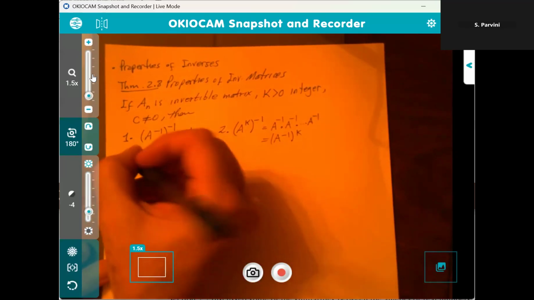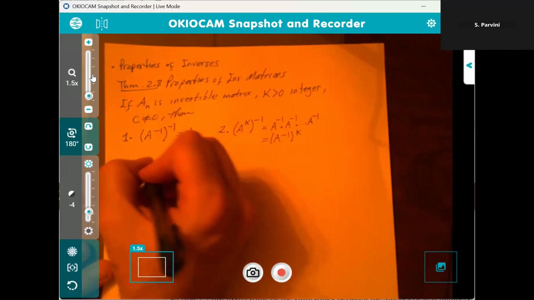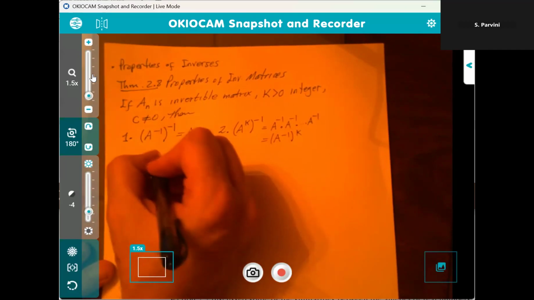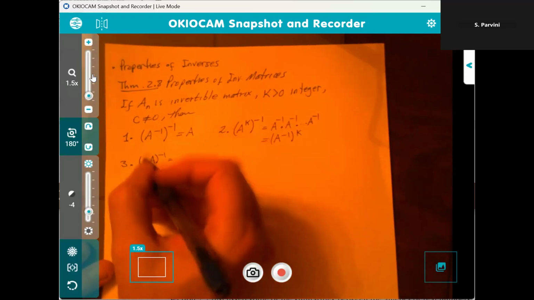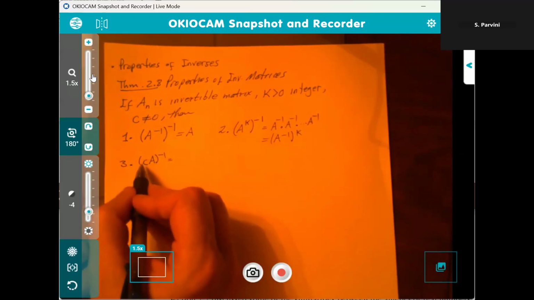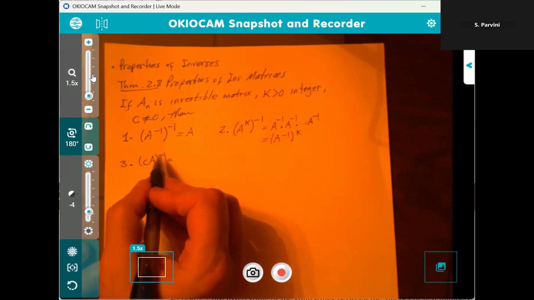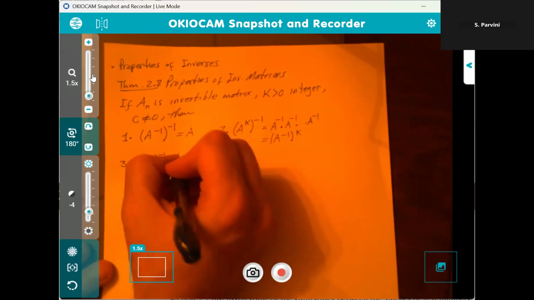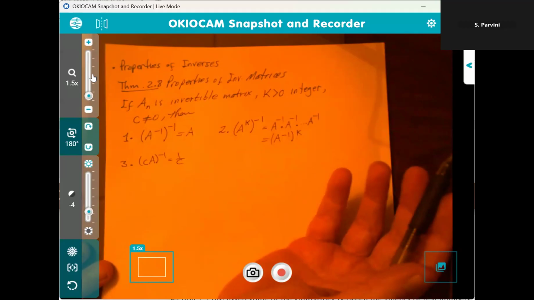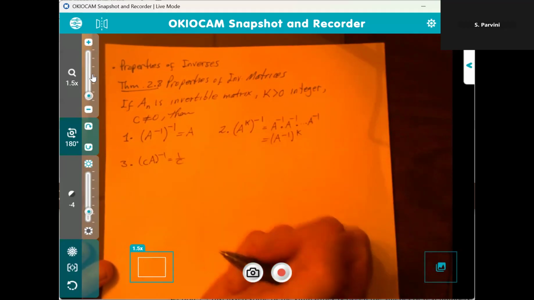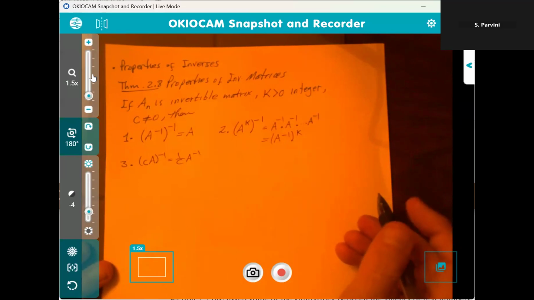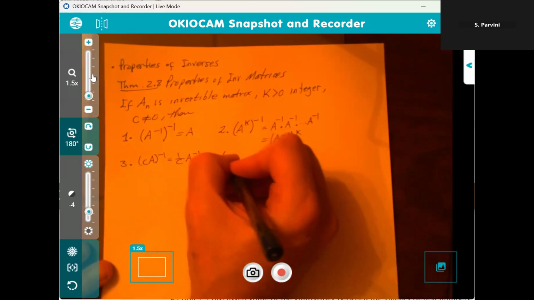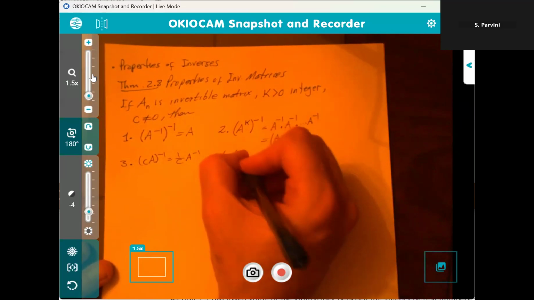Part 3 of this theorem. If I have a constant multiple of a matrix, and we want to find the inverse of that, remember, if c is a constant, then c to the -1 means 1 over c. It's like 2 to the -1 is 1/2. That's what this is, and then times whatever the inverse of A is. Item number 4 is the last one.